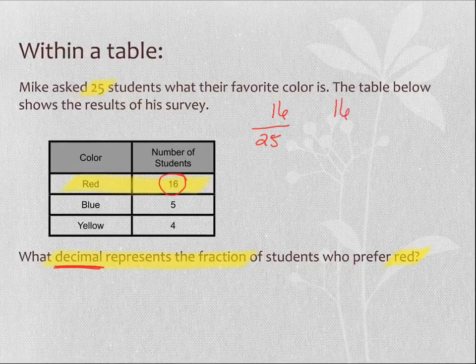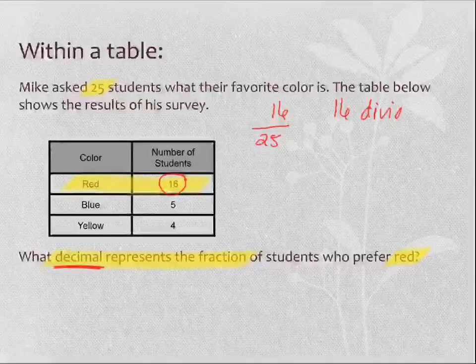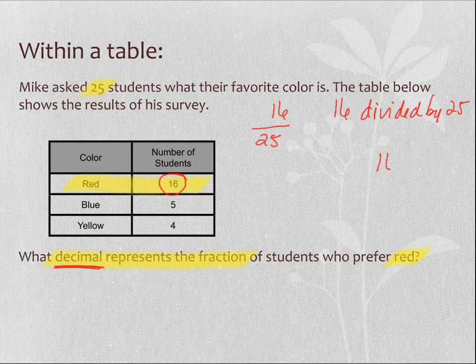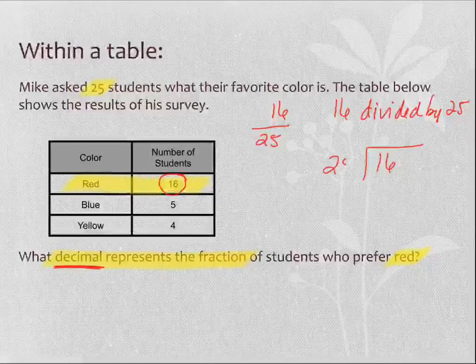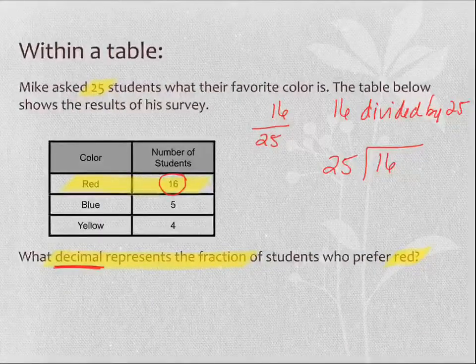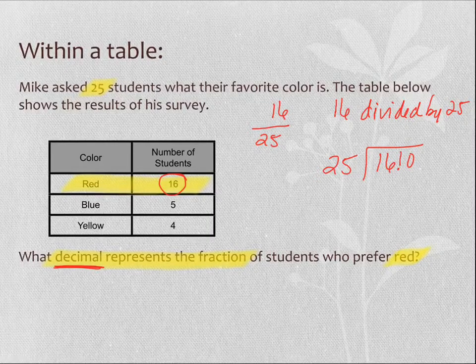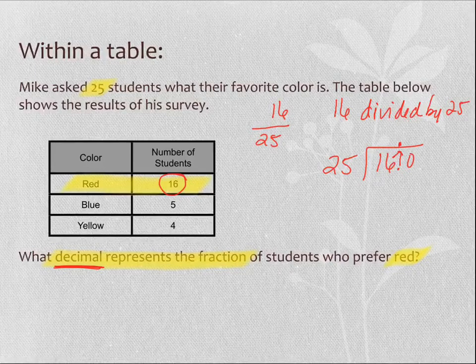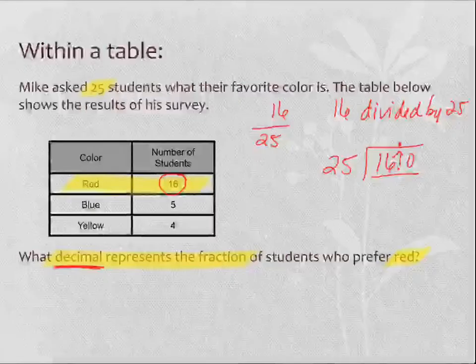So this is going to be 16 divided by 25. Well, 16 is less, so a decimal and a 0, and we bring that decimal point up into our quotient. Then we have 160 divided by 25. 25s are easy.